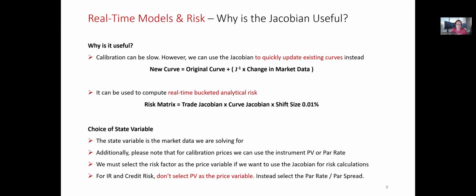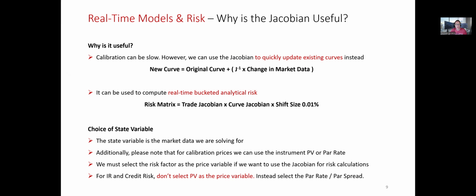If you do it in a professional C++ library, it shouldn't be that slow. Although even then, there may be reasons why calibration might be slow. And using the Jacobian approach, we can take these slow calibrated curves and make them fast. So what do I mean by that? Specifically, we can run a slow calibration, we can run our calibration once.